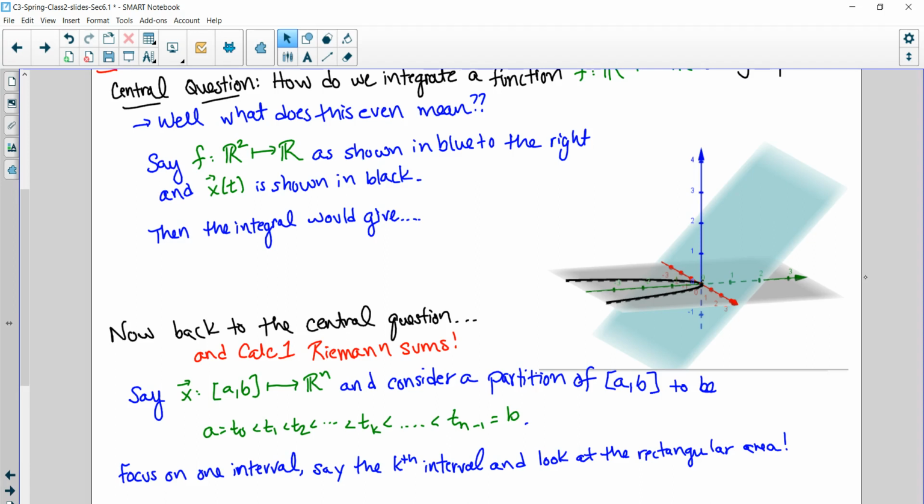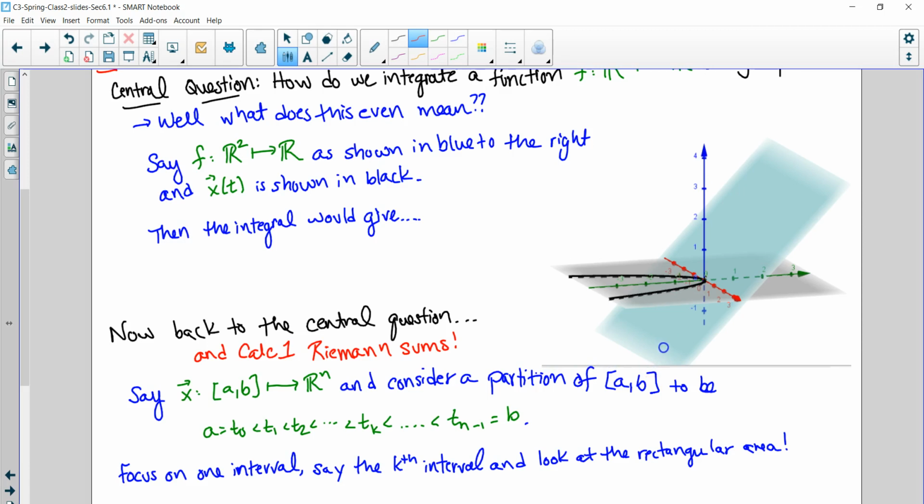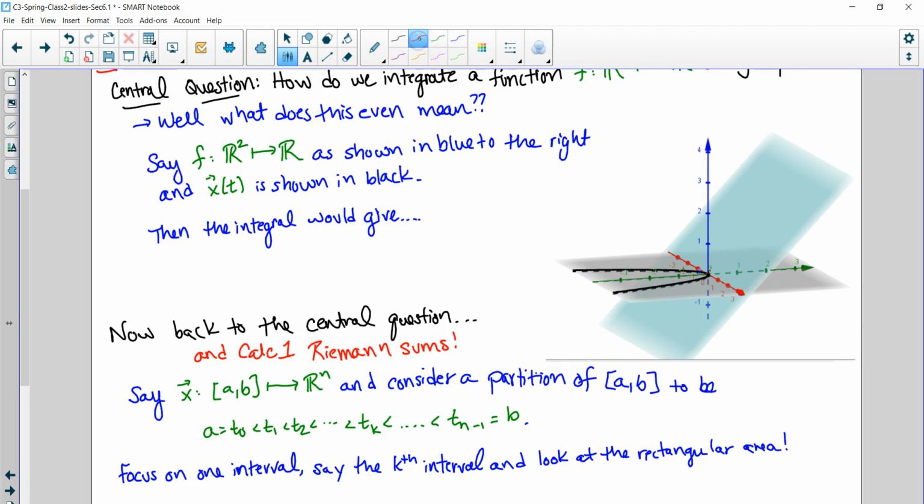You could explore this with the GeoGebra file that I have included, but it would be this idea that we want to look at the path as it would be projected onto this surface, or onto this function, if you will.